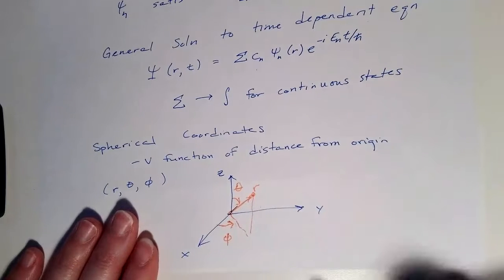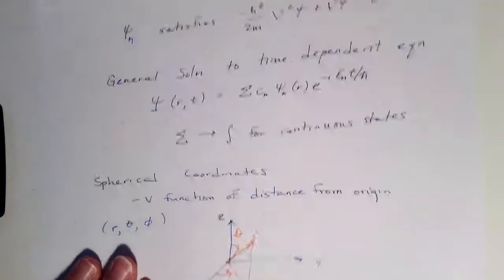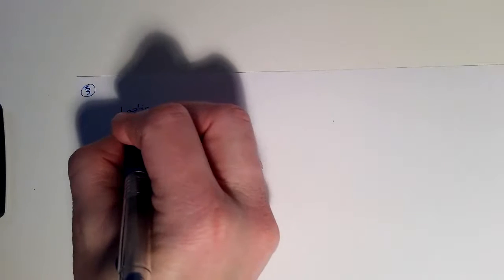Okay, so once we are in spherical coordinates, we need to define these things that we've already used for our Schrodinger wave equation. One of the things that we've already used is our Laplacian.